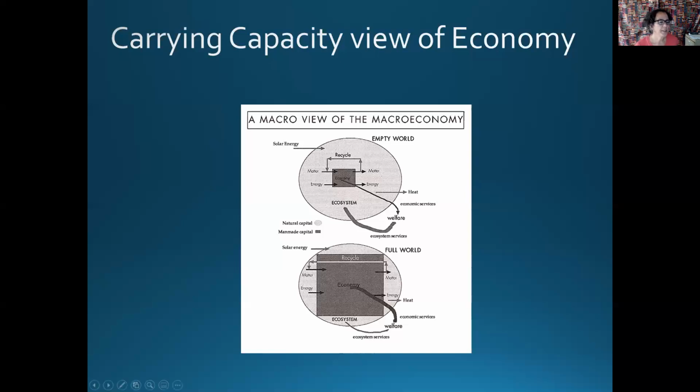You see he's defined the entire natural capital as this pale circle and the man-made productive capacity as this box. His argument is that particularly in a relatively full world situation, we can no longer count on different kinds of natural capital to be available to substitute when we use something up.